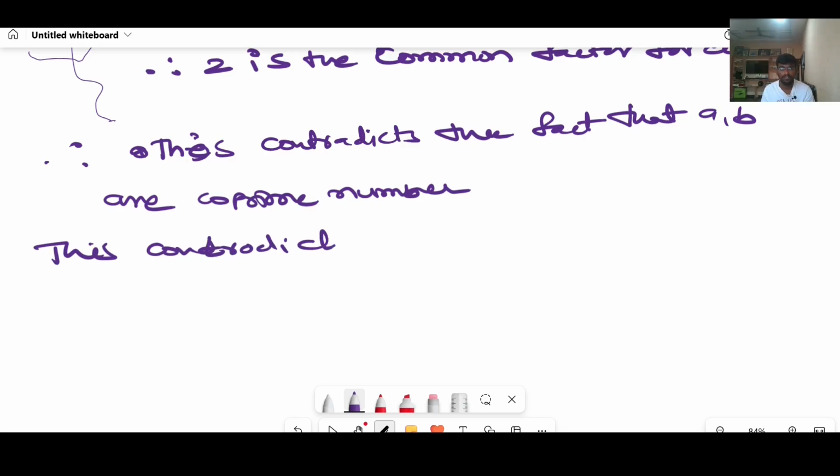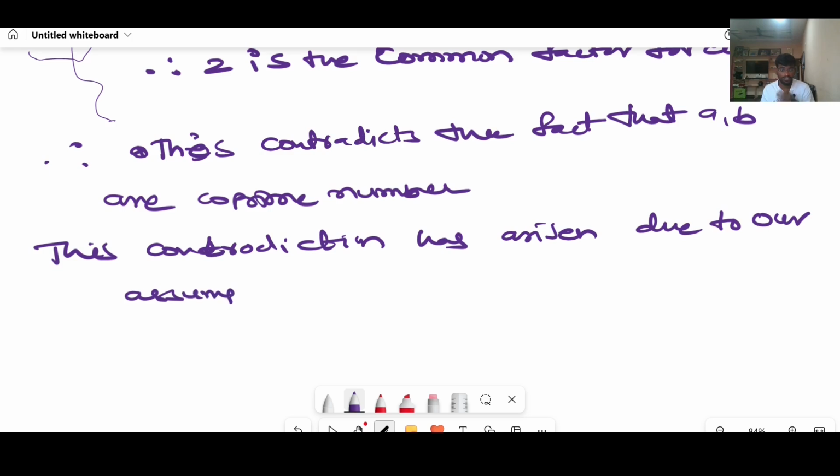Contradiction has arisen due to our assumption. Since we have assumed root 2 as a rational number, this opposite statement has arisen. That is why this contradiction is due to our assumption.